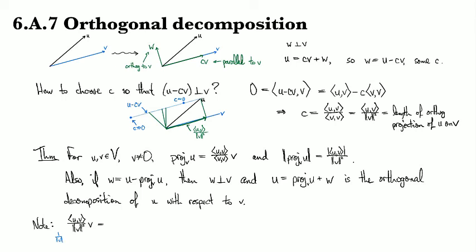I can match one of them with v, and I can match the other one with the v inside by using linearity in the second slot. Well, conjugate linearity, but in this case it's a real number, so it doesn't matter.